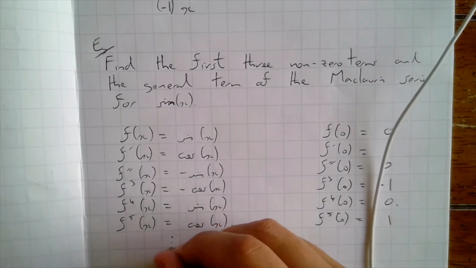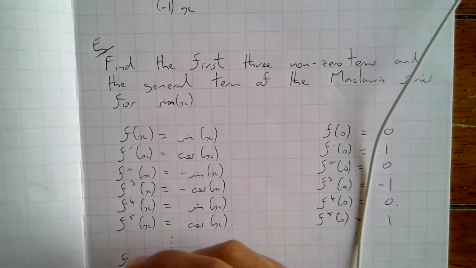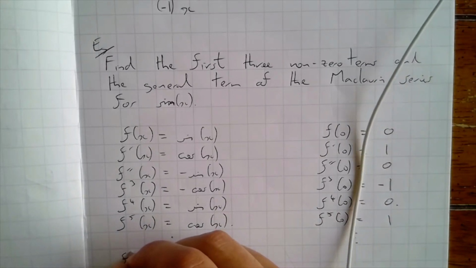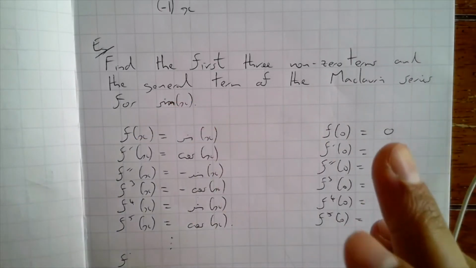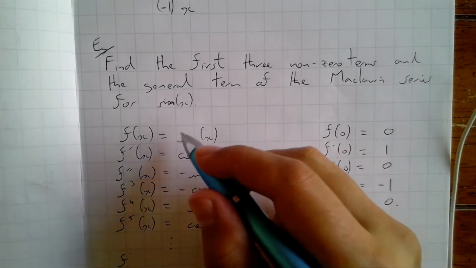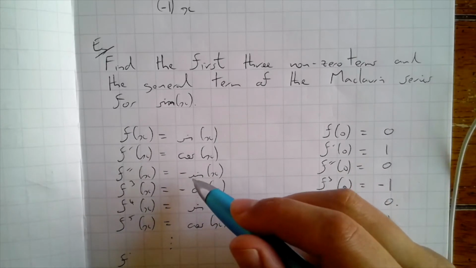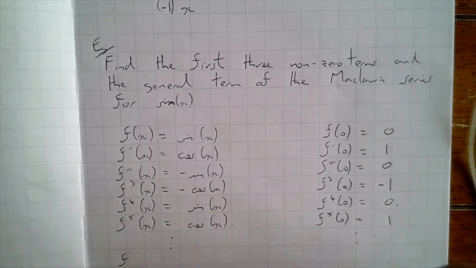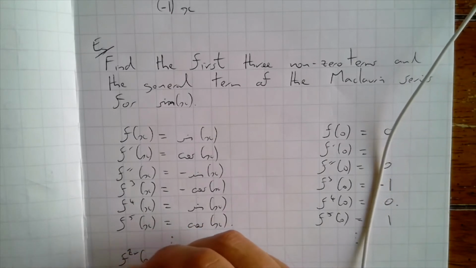It also asks me about the general term. Well, f of, let's say, f of r, then I might be able to deal with my sine and coses. However, I've got some minus issues as well. So what I'm going to do is say f of 2r.